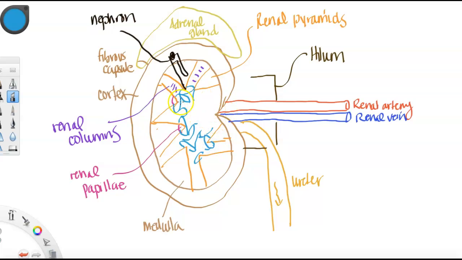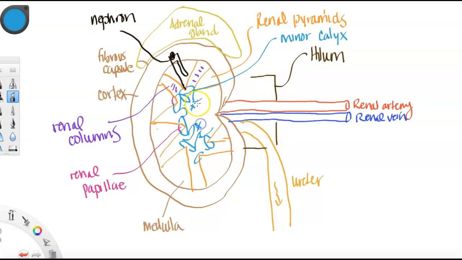Okay. So these little cups where the little papillae dump into, these are called minor calyces or minor calyx. These minor calyces combine, you can see right here, these two are combined right here.